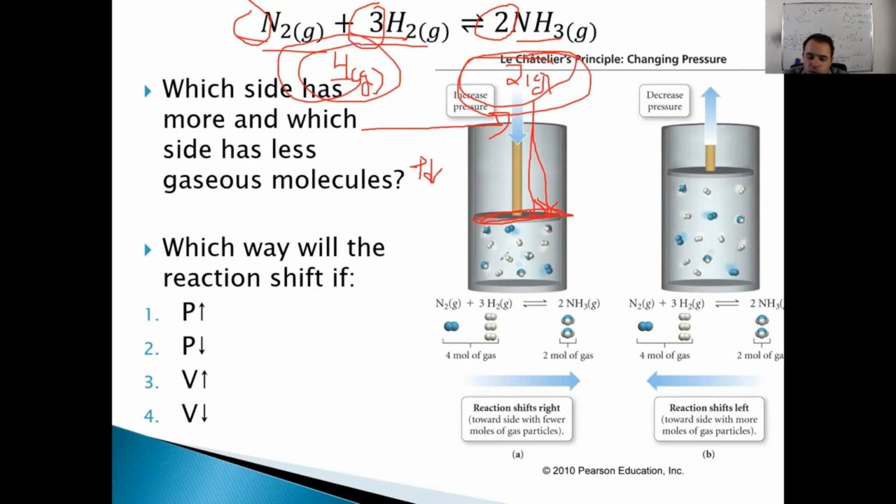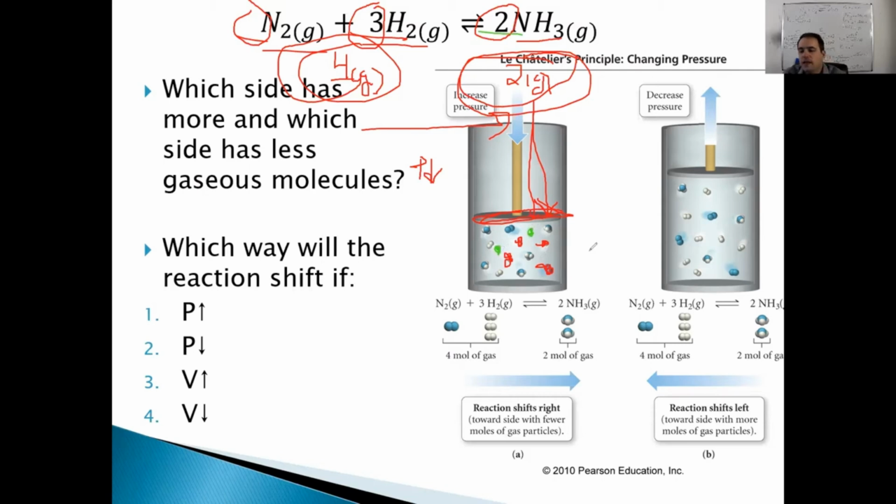How is that going to bring the pressure down? Well, think about it. For every time we do a reaction, an N2 goes away, and 3 of these H2s go away. So that's 4 things went away. Those red things are now gone. You only get back 2 things, so we're going to add 2 greens.